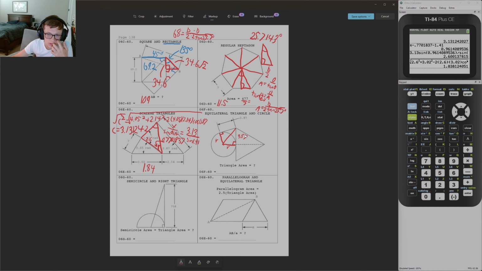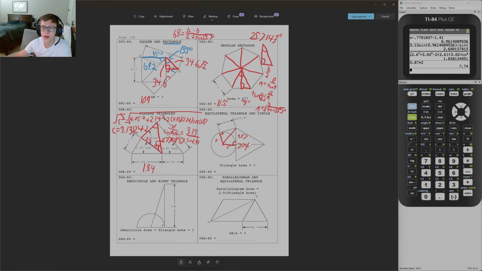And if we double that, what would that be? 7.74, it looks like. Let me check. 7.74. Alrighty, so that tells us that this entire length then is 7.74.